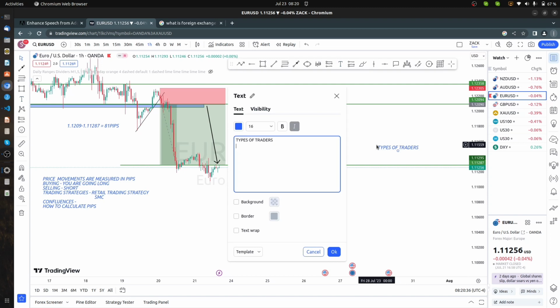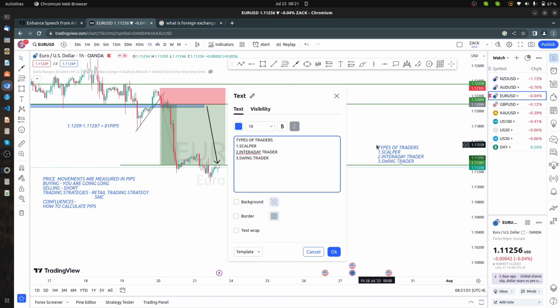Types of traders. Number one, we are going to talk about a scalper. Number two, an intraday trader. Number three, a swing trader.